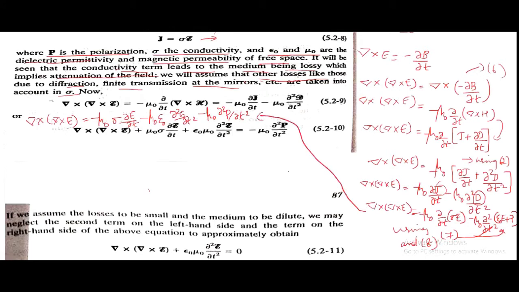On further simplification we can write the expression as del cross del cross E equals minus mu 0 sigma ∂E by ∂t minus mu 0 epsilon 0 ∂²E by ∂t² minus mu 0 ∂²P by ∂t². That is del cross del cross E plus mu 0 sigma ∂E by ∂t plus epsilon 0 mu 0 ∂²E by ∂t² equals minus mu 0 ∂²P by ∂t².